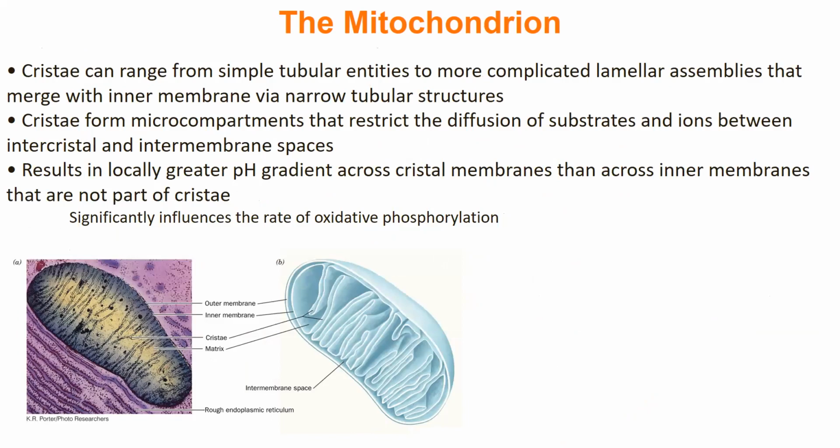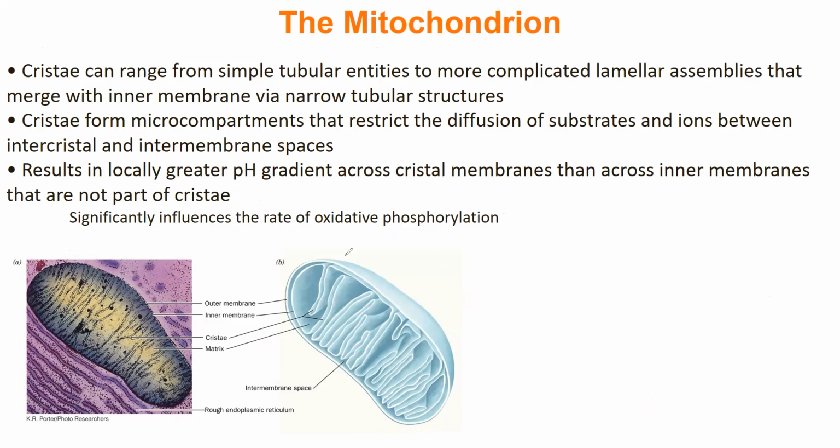So the cristae can be simple, just like tubes, or it can be a very complicated structure. Again, that depends on what cell types you're looking at. And one of the reasons why we have these invaginations is, like I said, they're micro compartments where we can have different concentrations of substrates and ions when compared to the intermembrane space.